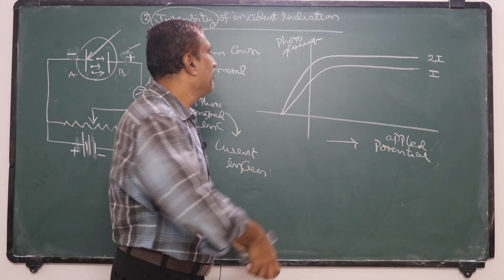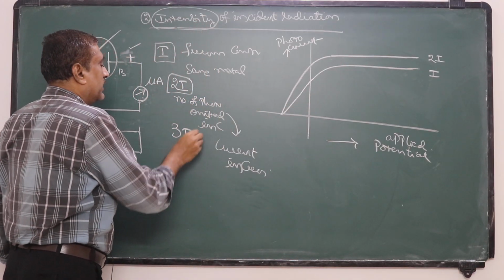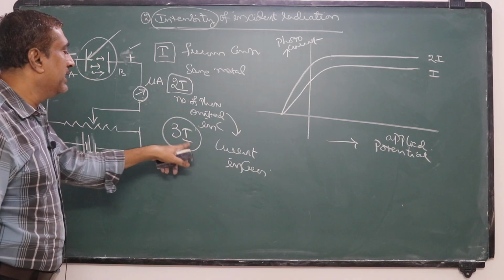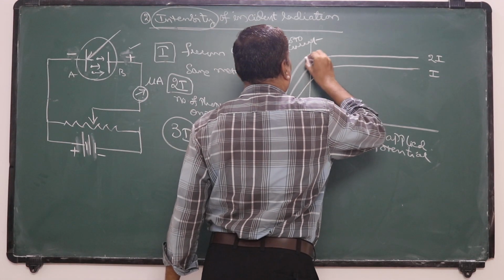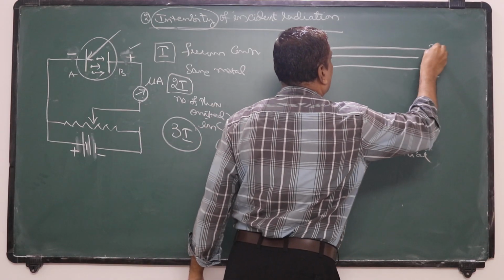Now if we increase the intensity to 3I, suppose the intensity of the incident light is 3I, in that case also we get a curve like this. This corresponds to 3I.